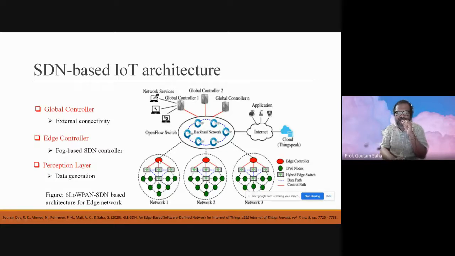So when it fails to modify the routing table to help this particular network, it sends it to the whole network, a set of switches in a particular topological formation, and then to the global controllers at Delhi. Two or three global controllers are there. They have an overview of all over India. So this controller sends the information to the global controller.